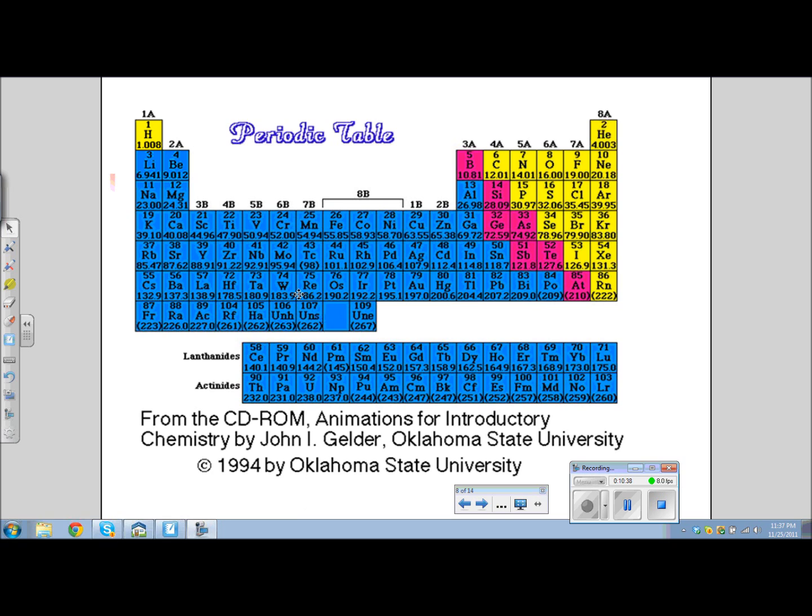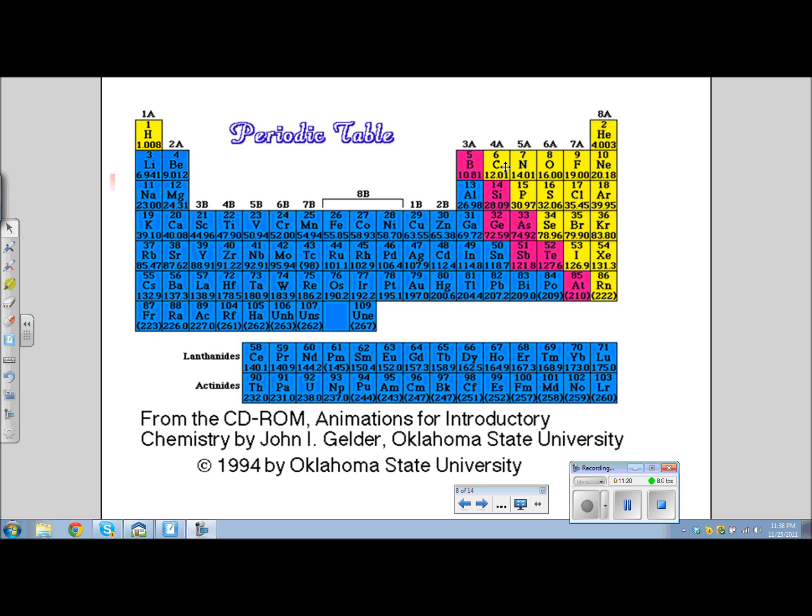So take a look now at these various numbers. On the periodic table, the mass of 1 atom of hydrogen, we can see, is equivalent to 1.008 atomic mass units. The mass of 1 carbon atom, the average mass, is 12.01. Keep in mind that carbon has 6 protons and 6 neutrons.